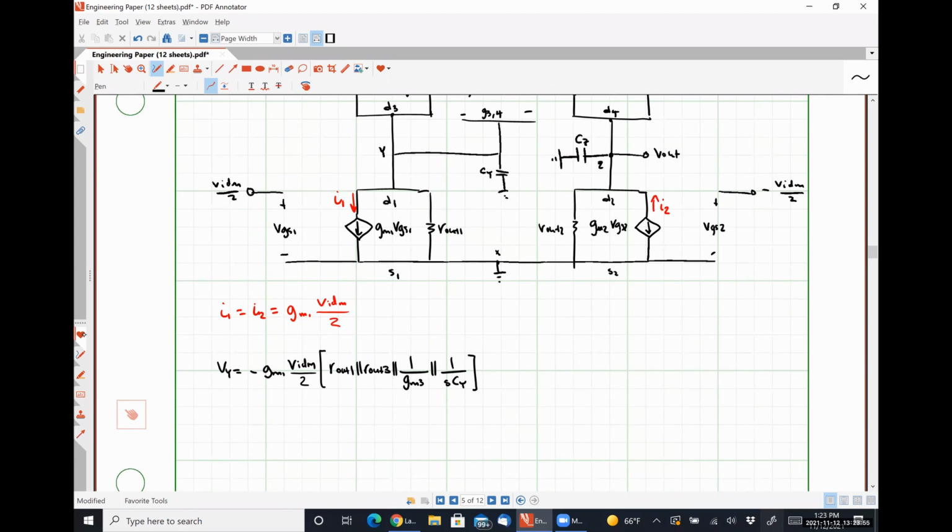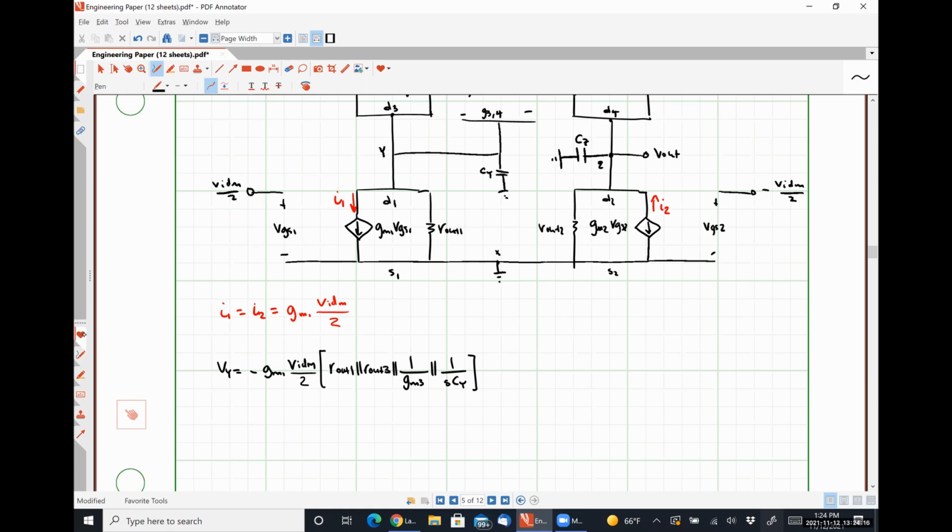So in class on Wednesday, we made the assumption that since 1 over GM3 is usually much, much smaller than R out 1 and R out 3, that's going to be the dominant portion. And so we're going to throw away the R out 1 and R out 3 bit again.